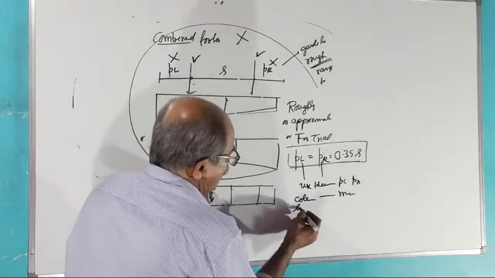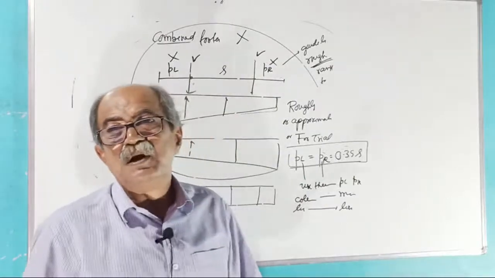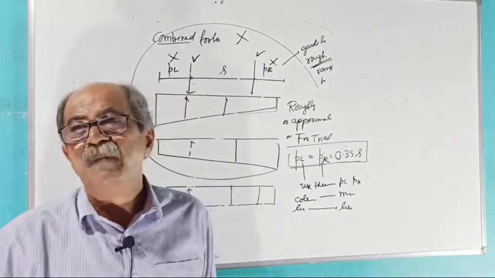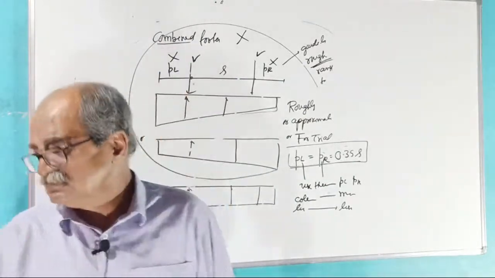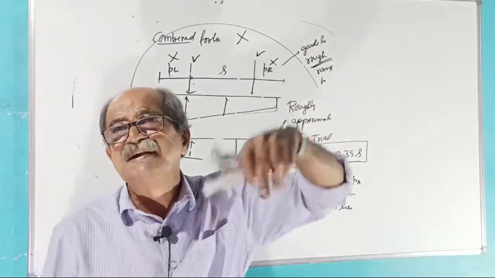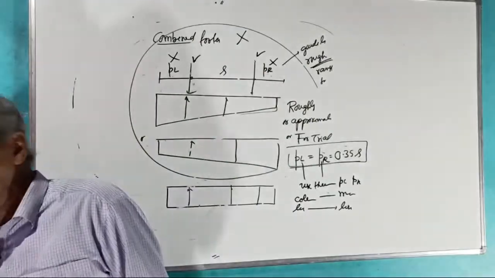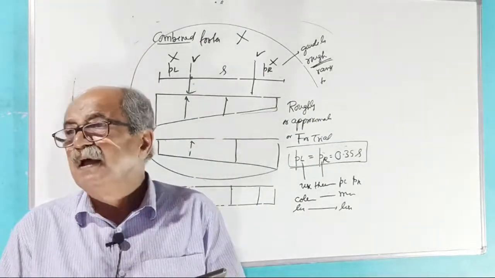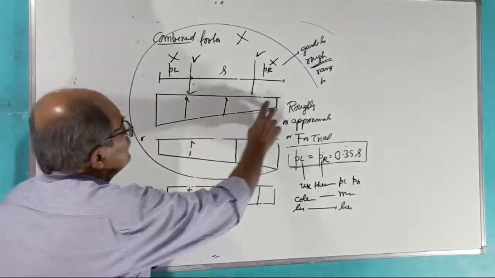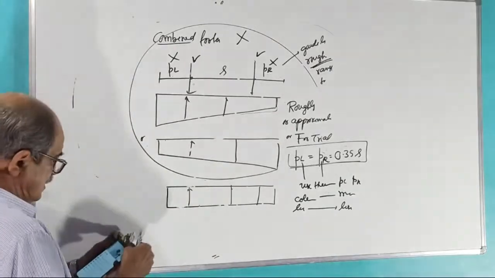Where column load is lesser, give a little lesser projection so that your pressure will almost become what? Tell me. Then the resultant load will come nearer and nearer to the center. Pressure can never be exactly uniform, but you can make the variation lesser.